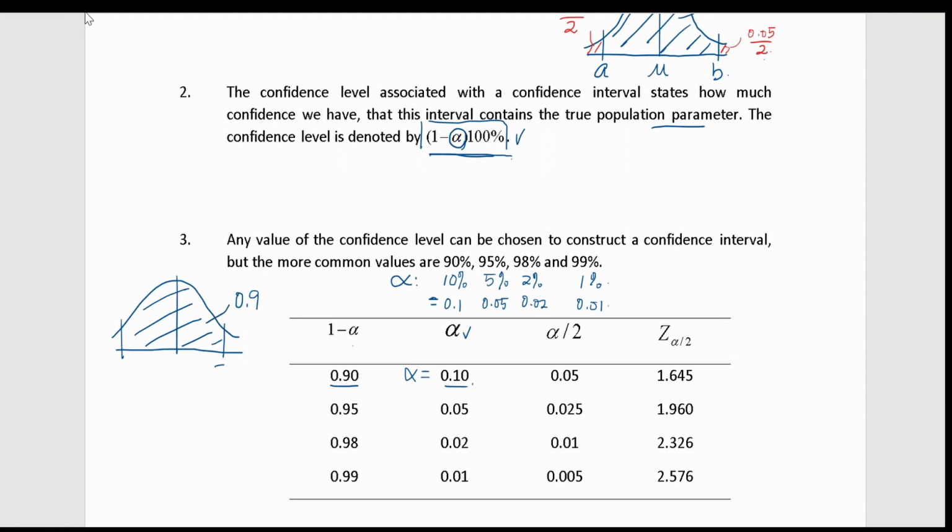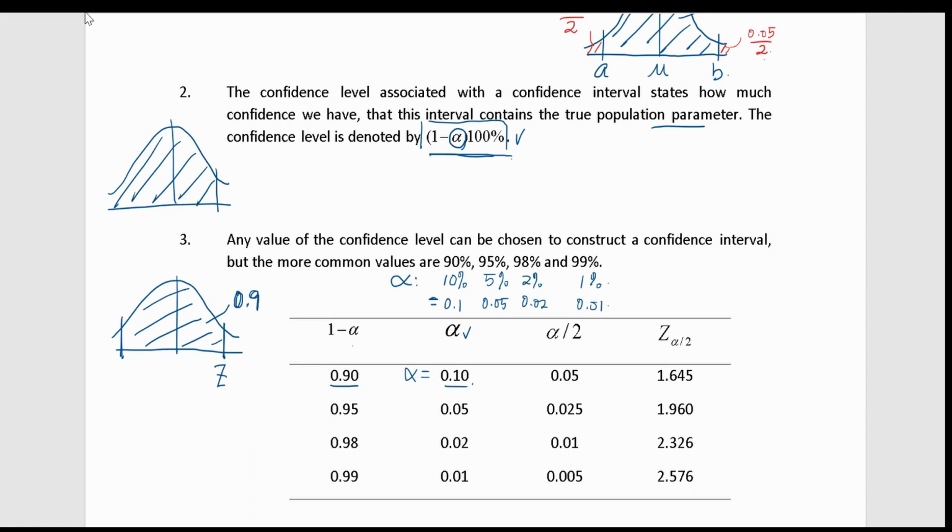The z-score is not obtained directly from the table, because the table gives you the probability all the way to the left. But what we are looking at is the area bounded in the middle, which is 0.9.